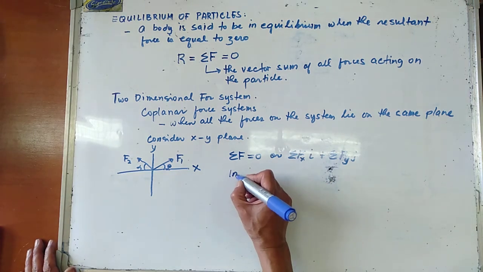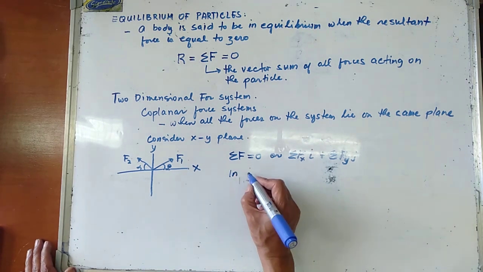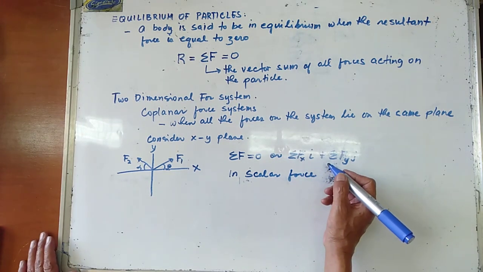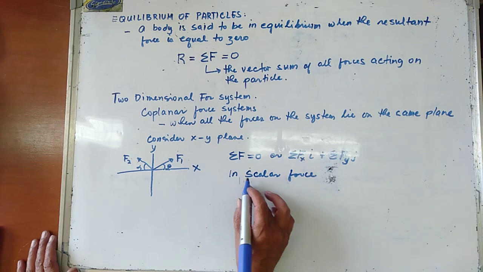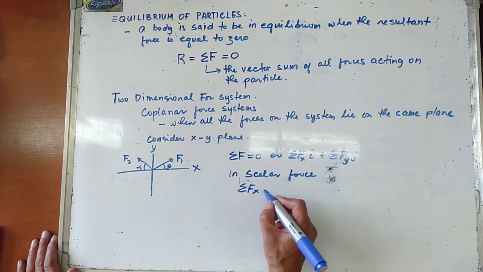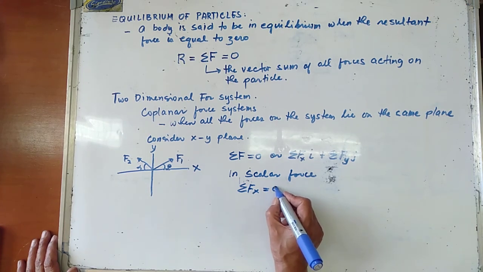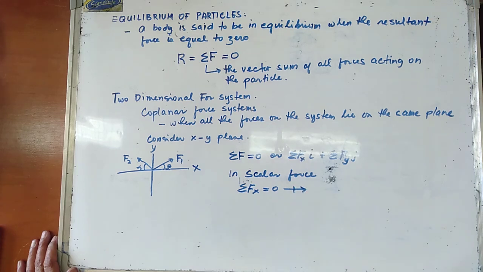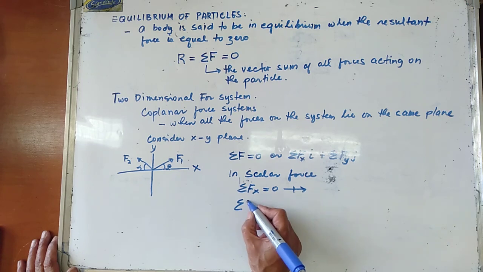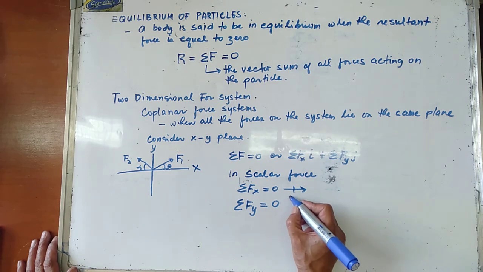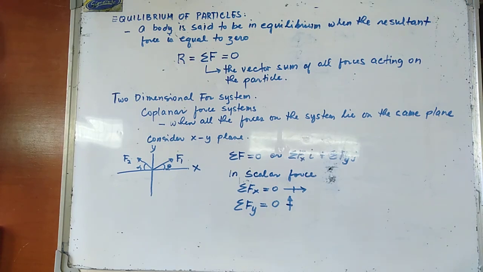So, in scalar form, the equation of equilibrium is summation of forces along the x-axis is equal to 0, with forces to the right positive. And summation of forces along the y-axis is equal to 0, with upward forces positive.